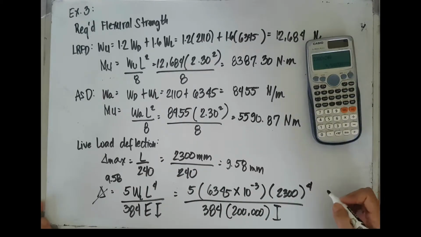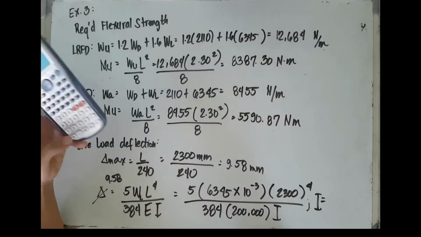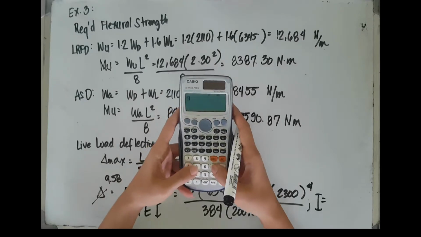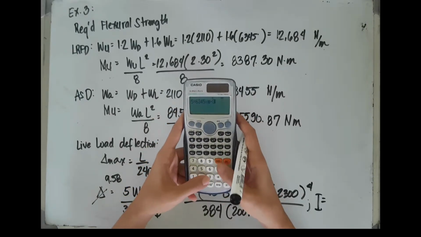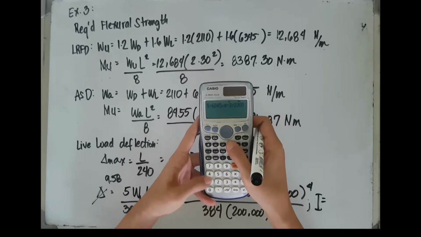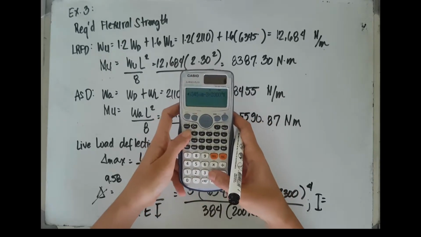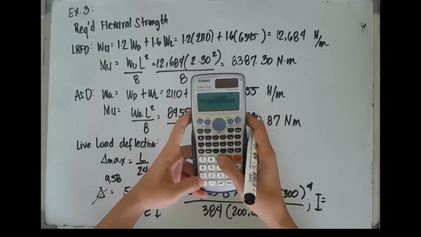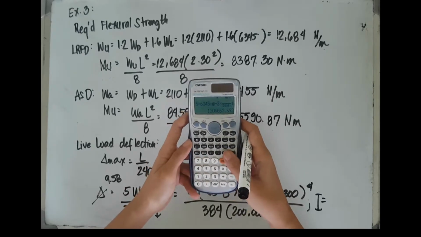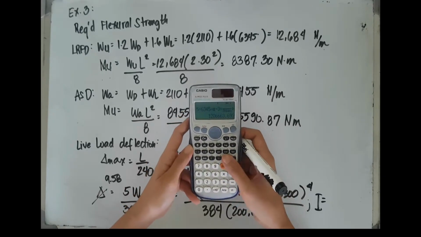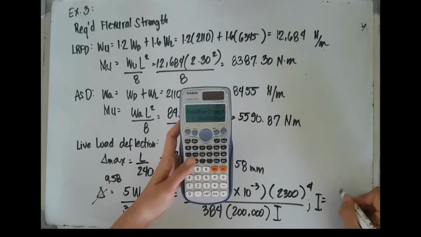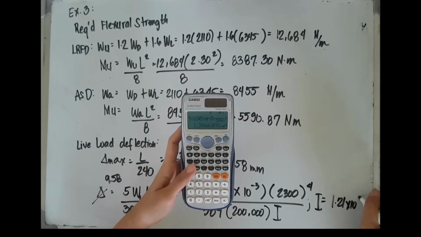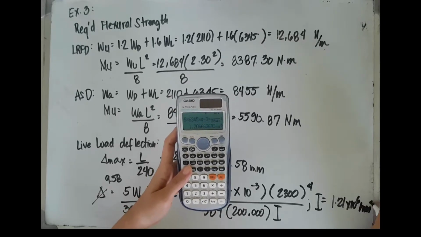And now we can derive the I, or the moment of inertia. So it would be equal to 1.21 times 10 raised to 6 millimeter raised to 4.